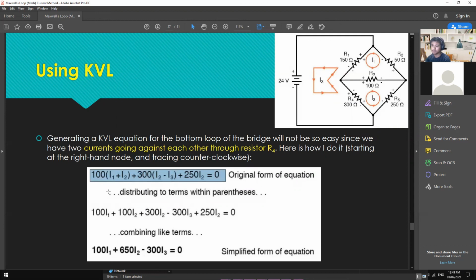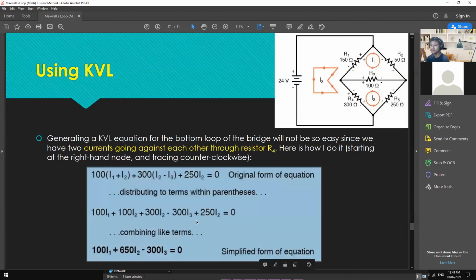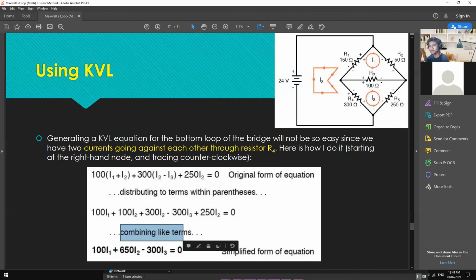If there is a part that is different from this one, let's say on the I2 or I3 or I1 or I2, then maybe you did something wrong, so just try to redo it until you arrive at the same equation. After that, just distribute this 100 on the I1 and I2, and then the 300 on the I2 and I sub 3, and then combine similar terms, and it will give you this simplified form of equation on the I sub 2.